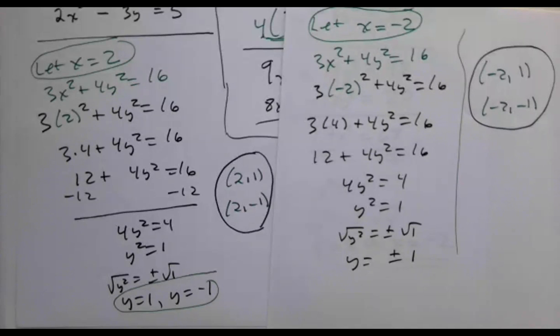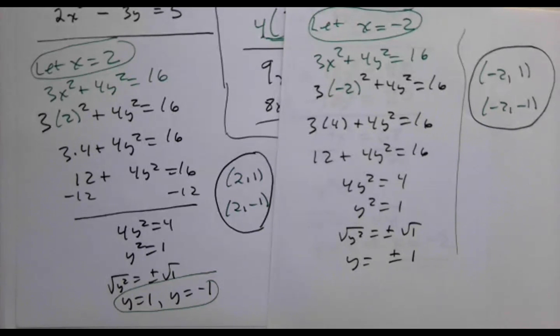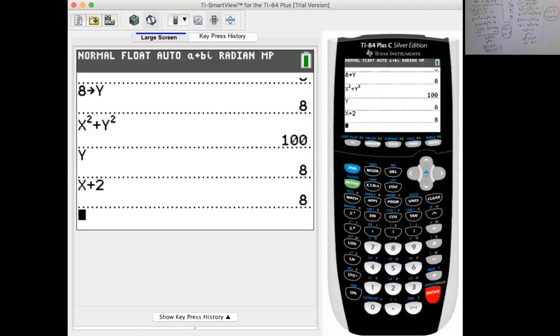All right. We also want to check it with the graphing calculator. So I will plug those numbers in and we'll quickly take a look to see how that behaves. And I may get a little bit more creative here. Let's see.